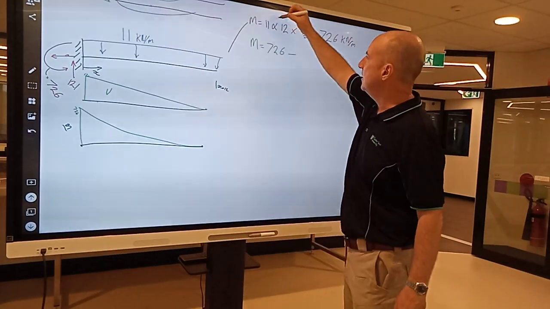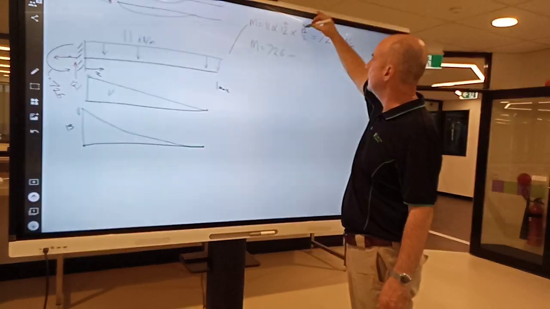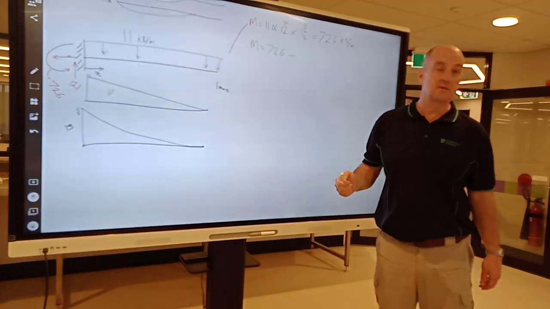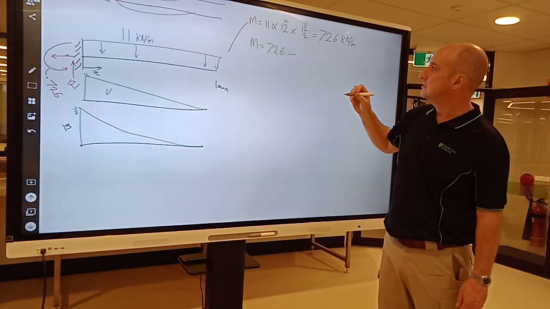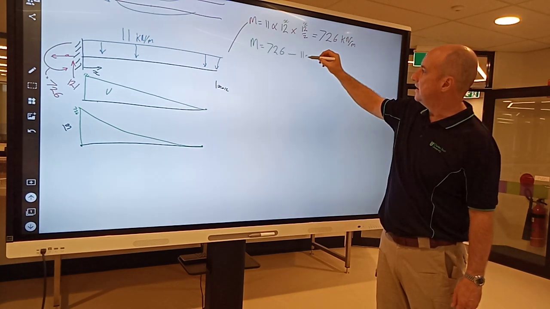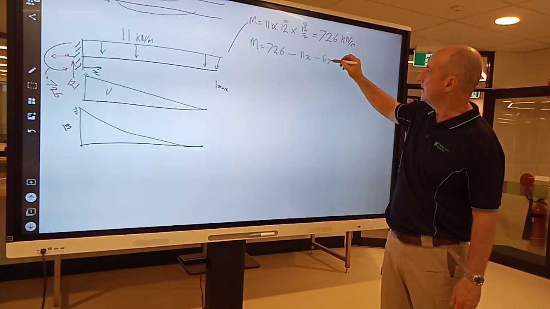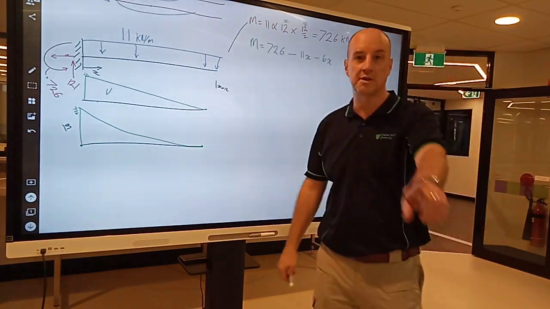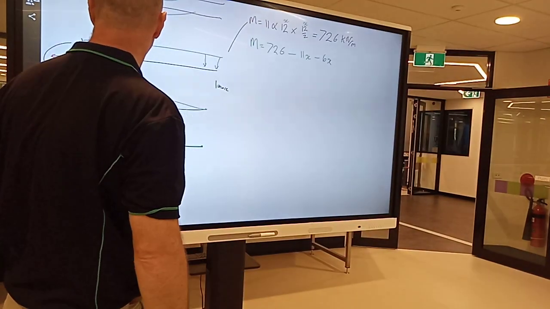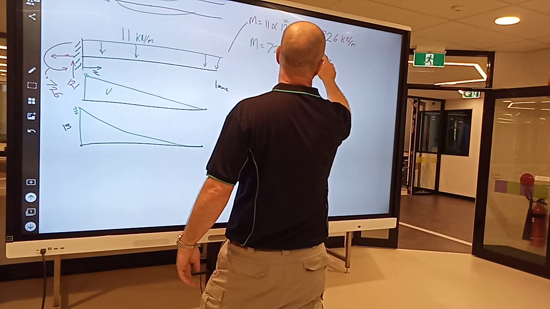If we look at that, there was our load, there was our X, and there was an X there. So it's 726 minus 11x minus 6x. Okay, that's wrong. Hold that thought. I need a squared in there. Let's do this differently.